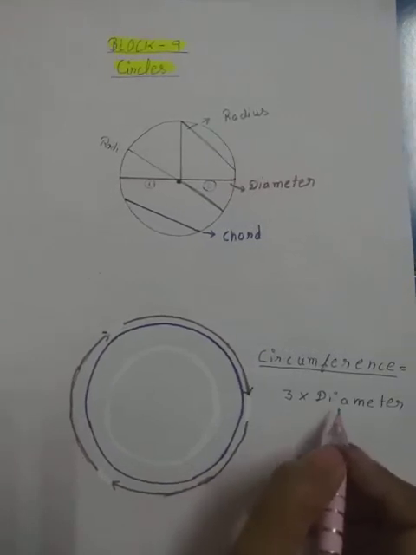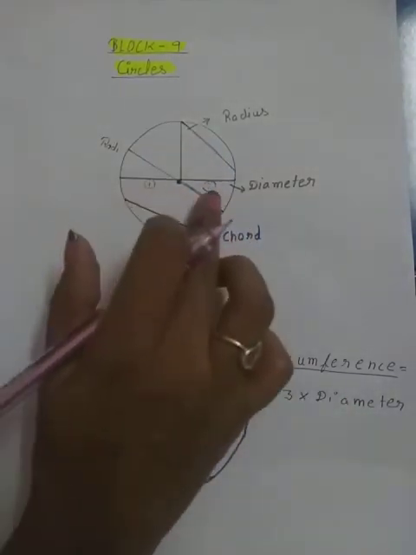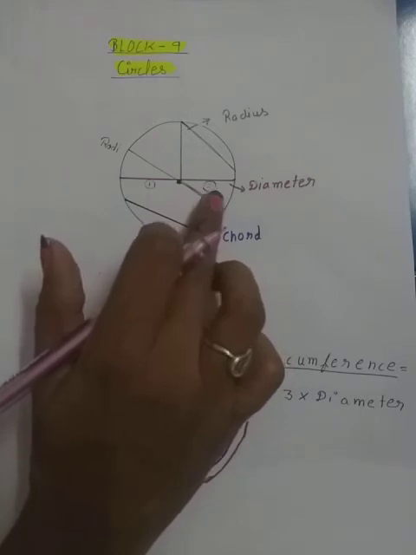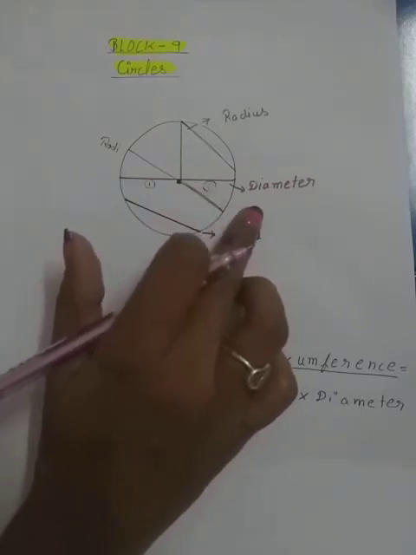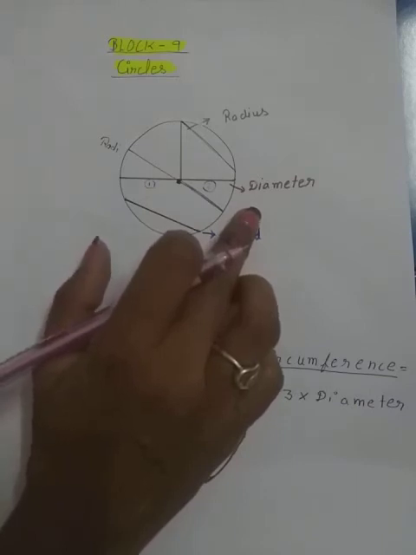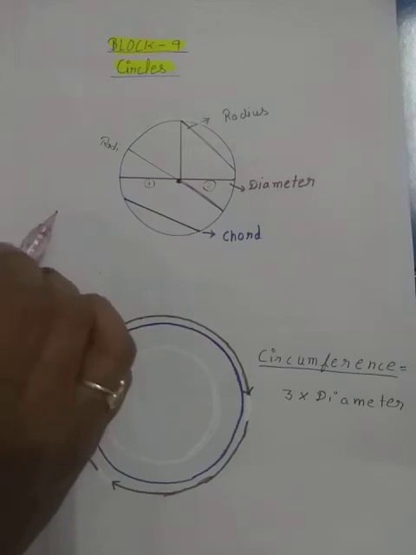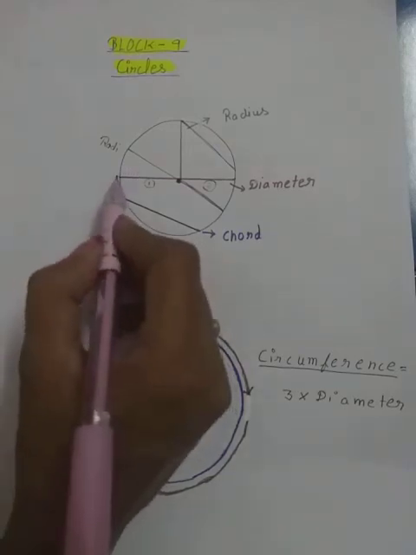We already understood: double of the radius is called the diameter, or the longest chord of a circle. This one is the longest chord.